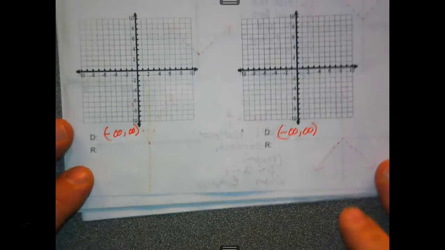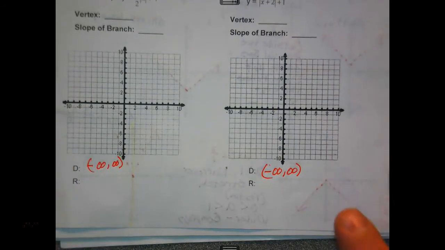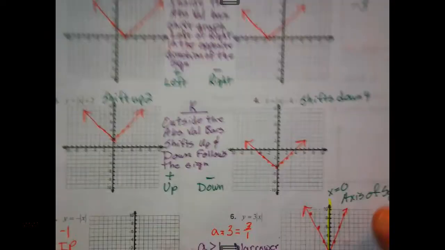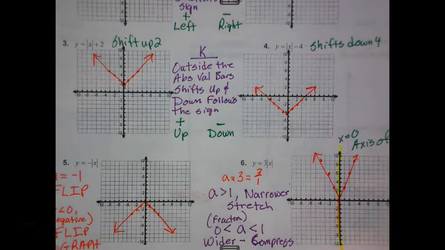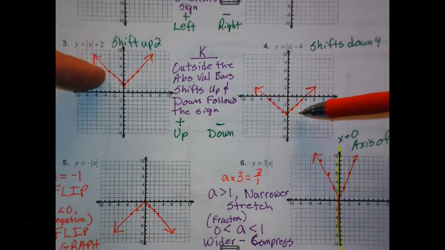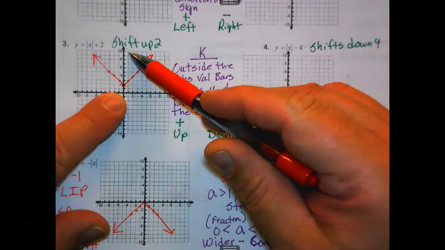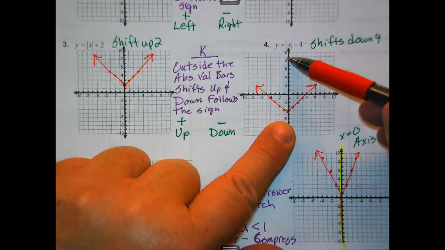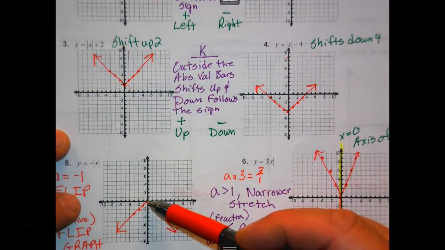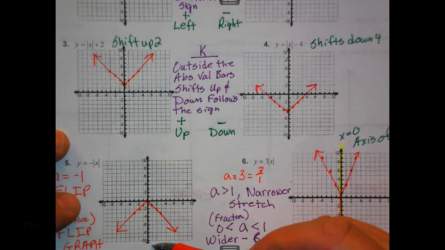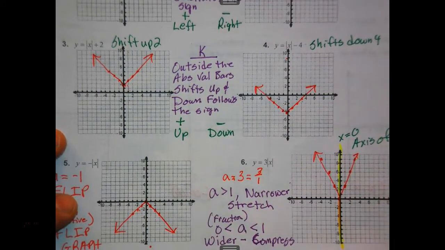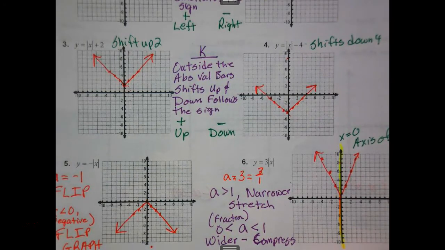Now, let's take a look at the range. This is the last thing. Look at your graphs. Now, the range can be different. Okay, look at these two. My range here starts at 2, goes to positive infinity. My range here is -4, goes to positive infinity. My range here is 0, goes to negative infinity. What's common with that 2, -4, and 0? Yeah, it's always going to go to infinity.